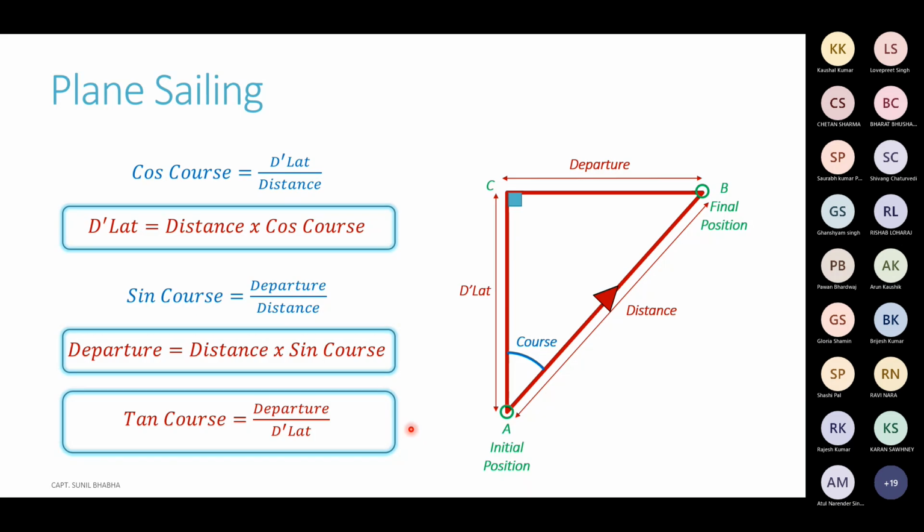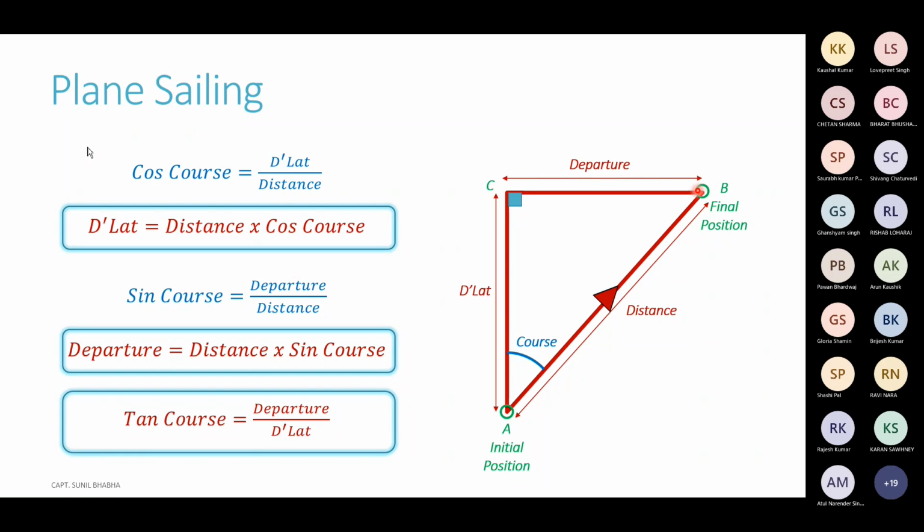Let us say we know that we started from position A. We were moving on a certain course. We have a certain distance. We can easily find out with this course and distance what is the position where we are going to arrive. So these are the two most basic simple calculations which can be easily done using these three formulas.